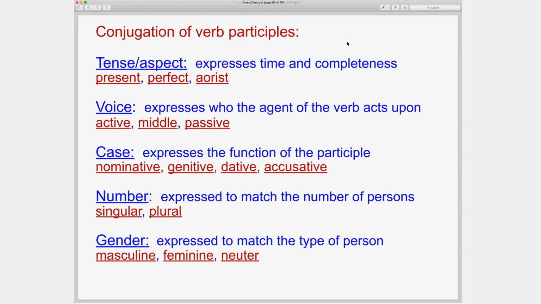Notice there are not as many tenses that a participle can have. Case and gender, because they're acting like an adjective or noun or something.